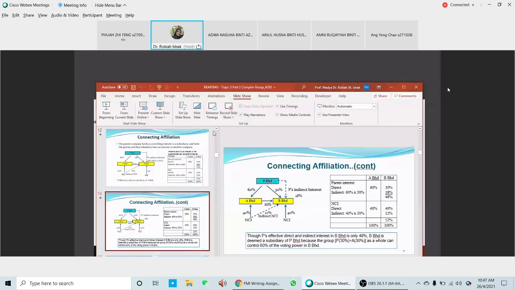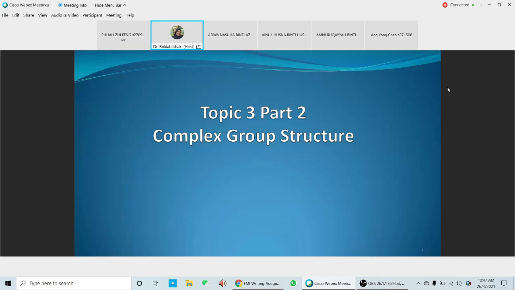Before this, you only focused on a group structure with a parent and one subsidiary. That is a simple one, but now we're going to have complex group structures.